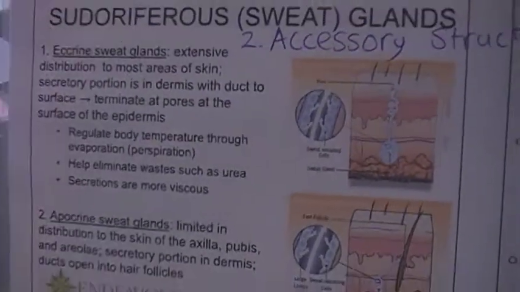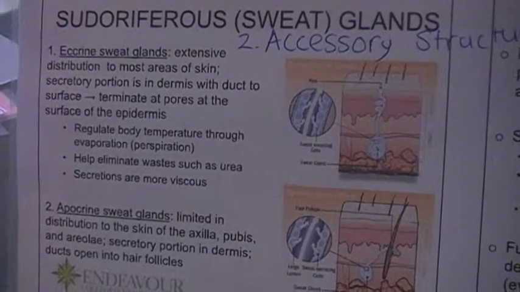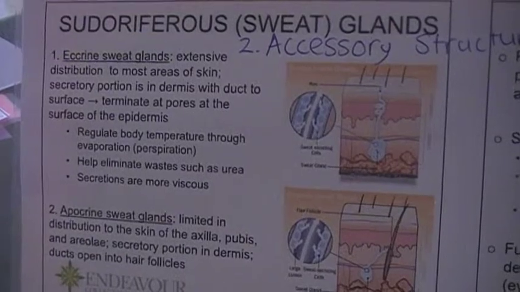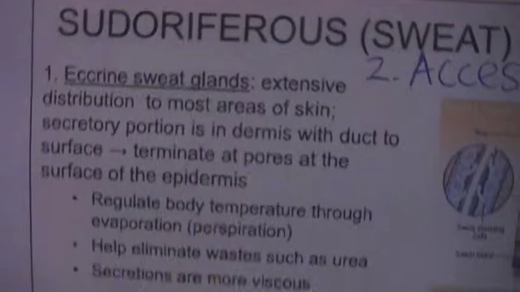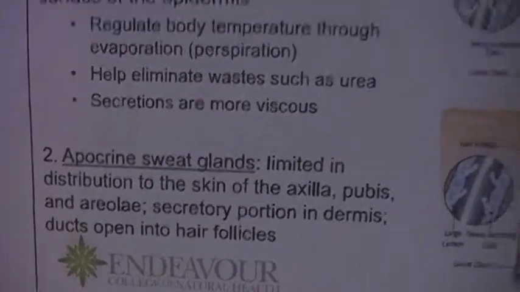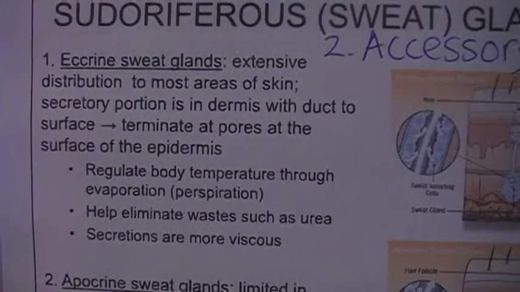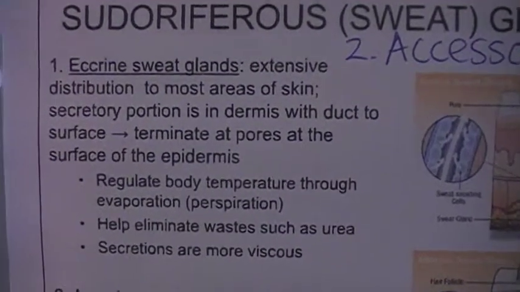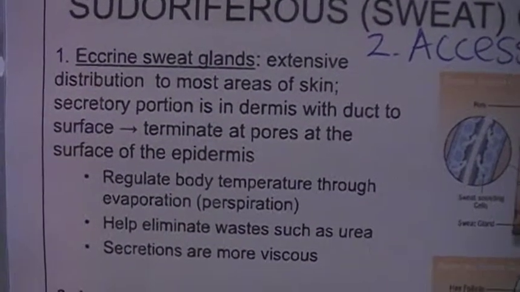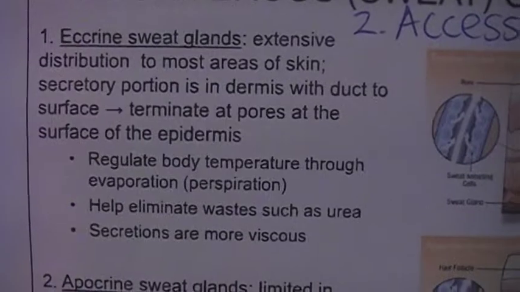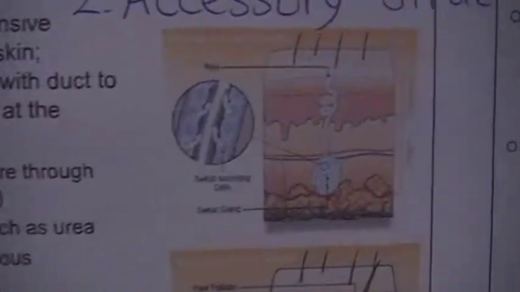Sweat glands: there's eccrine sweat glands and apocrine sweat glands. Eccrine sweat glands terminate at pores at the surface. They regulate body temperature.